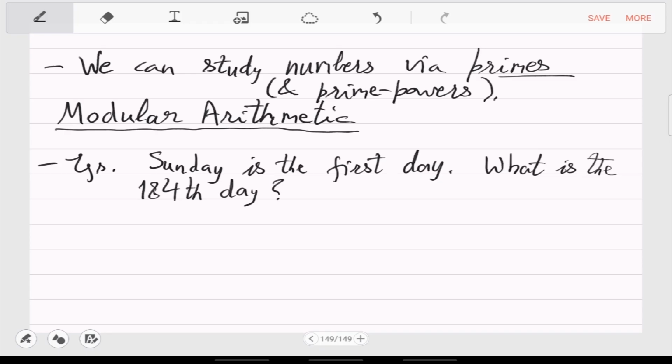Right, and then it will reduce to a number between 0 and 6, and then you can guess. At least it's better than enumerating the whole year. So this is a much smarter way to attack these problems. Think of this as mod 7.